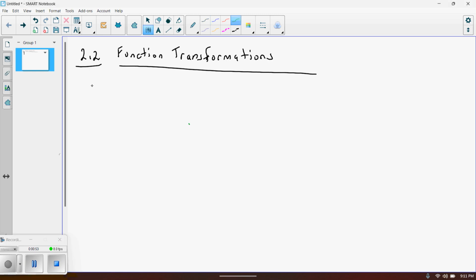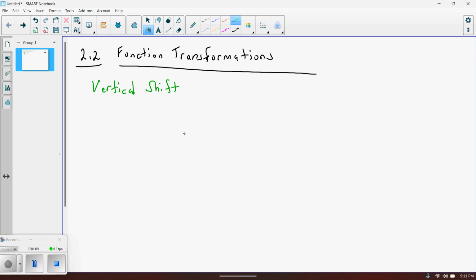You can have a vertical shift, which really just means that you are going to take the entire function and it's going to go up or down however many units it is you are shifting it.